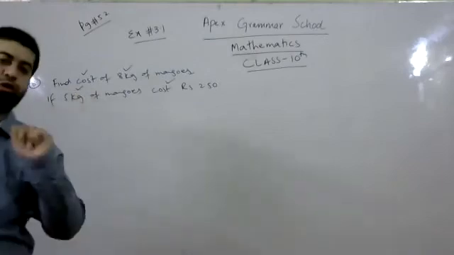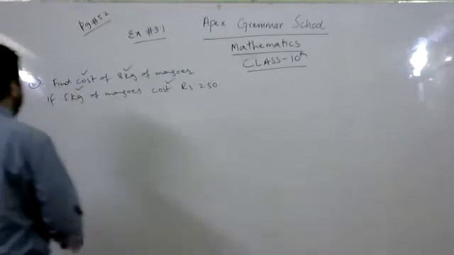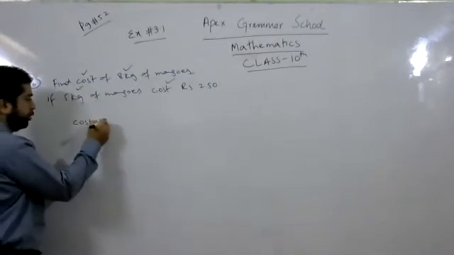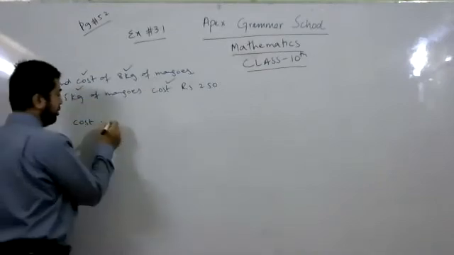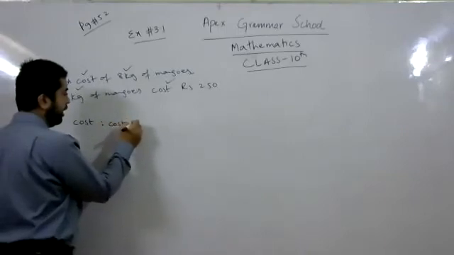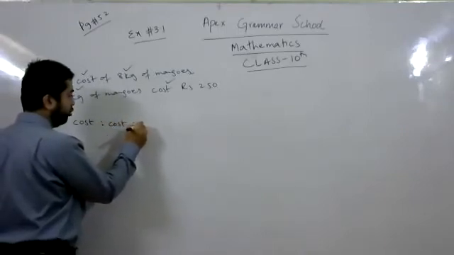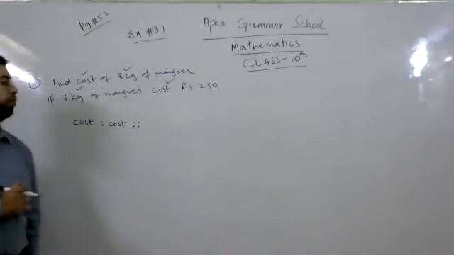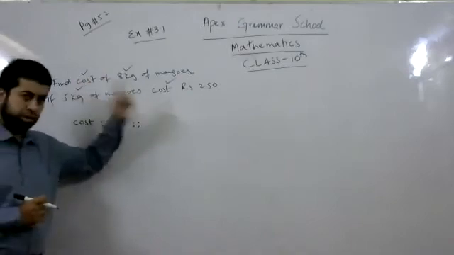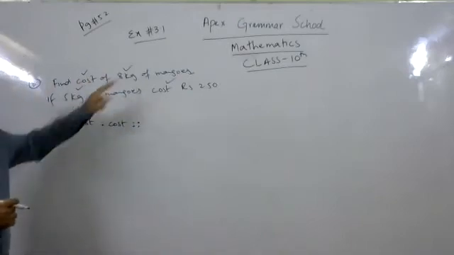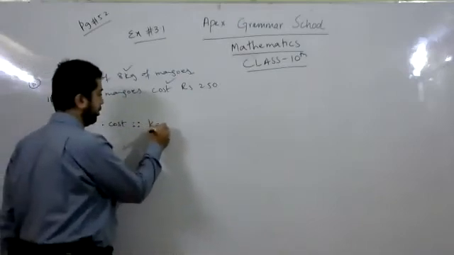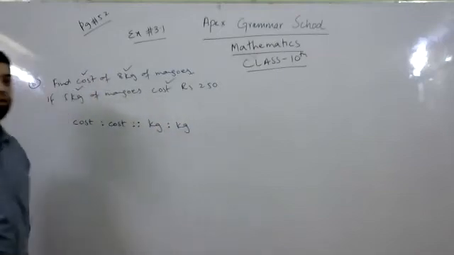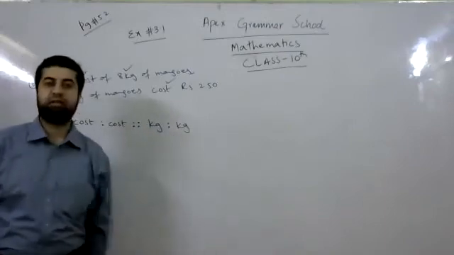So we have two ratios here. We can say cost ratio cost, then proportion, meaning equality. We can establish the proportion between cost ratio cost, then kg ratio kg. Or you can write quantity ratio quantity, whatever you like.